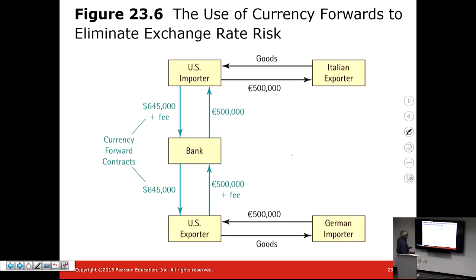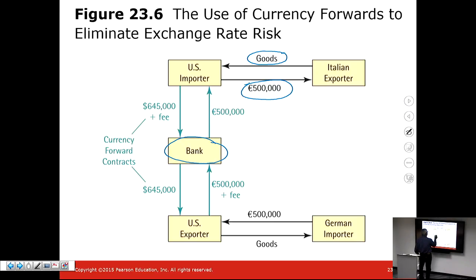So here is an example. So this is what the bank is doing. Focus on the bank. Here is the US importer. It is importing goods from an Italian company, and in exchange they are guaranteeing a 500,000 euro payment a year from now. So what does it do?